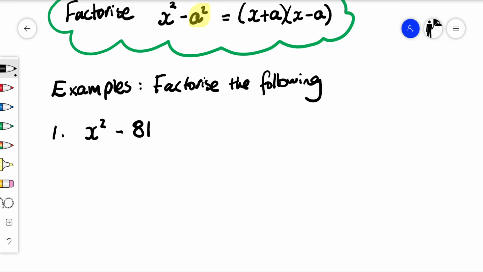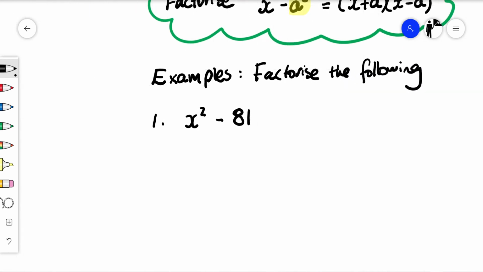When we say something squared, we're referring to our square numbers. So 3 squared is 9, etc. So 81 is a square number. So we can rewrite 81 as 9 squared.